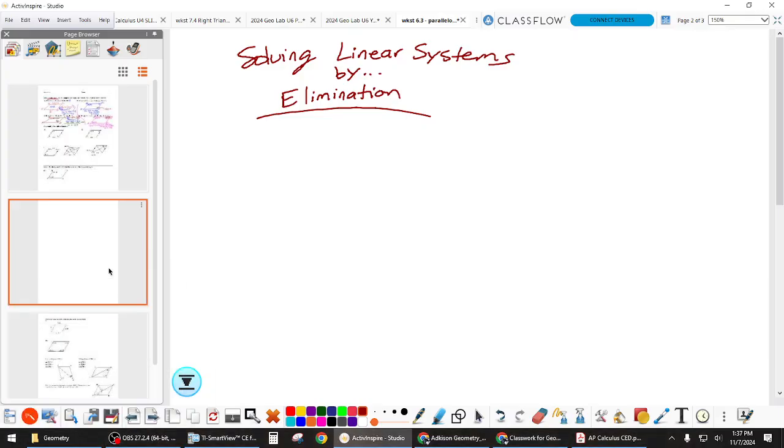Elimination is in contrast to substitution. Those are the two main methods. And I think elimination is just much cleaner and more efficient. So I'm going to push you to do that. If you want to do substitution, that's fine. There are cases when it's better. But here's what we're looking at.